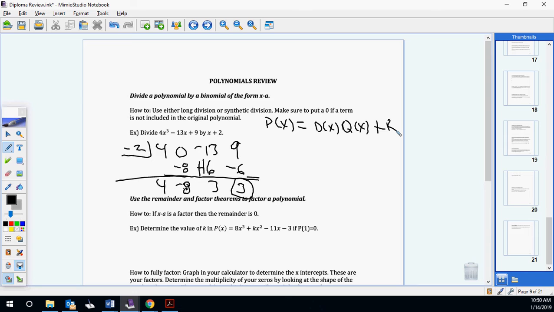There was one of those that was similar on one of your exams. So in this case, the divisor is x plus 2. The quotient is this part down here, which is 4x squared minus 8x plus 3, and then plus the remainder, which is 3. So that's how you'd write that.